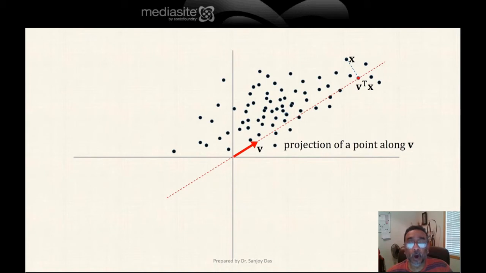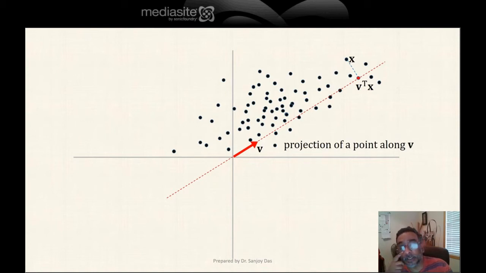So let's see how we do the dimension reduction. Here in this scatter plot, we have two-dimensional data, and we have discovered, using principal component analysis, which we shall see later how to do, a direction V, a unit vector, that gives us the maximum variance.